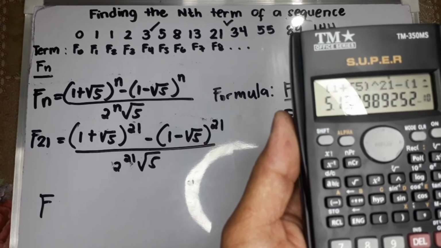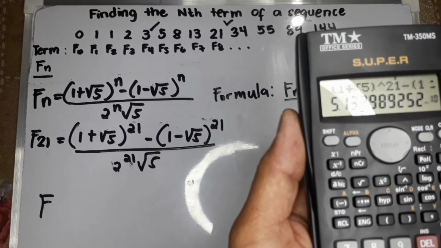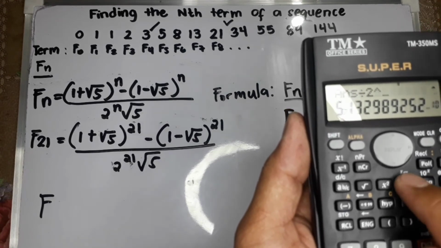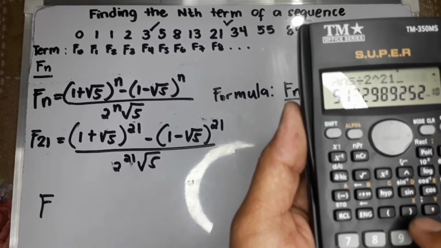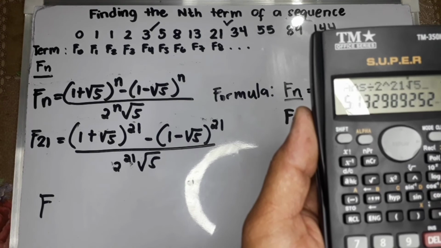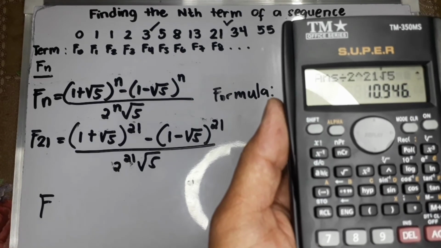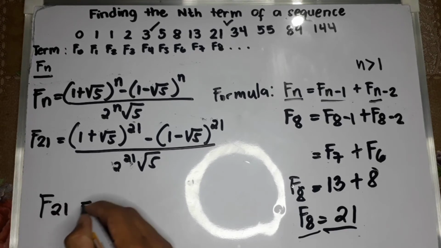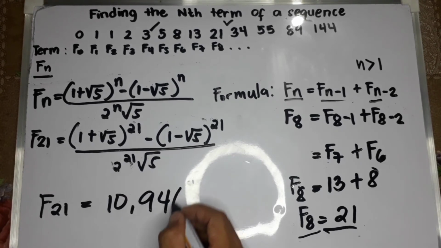And then the answer for this will be divided by 2 raised to the power of 21 times the square root of 5. So our 21st term is equal to 10,946.